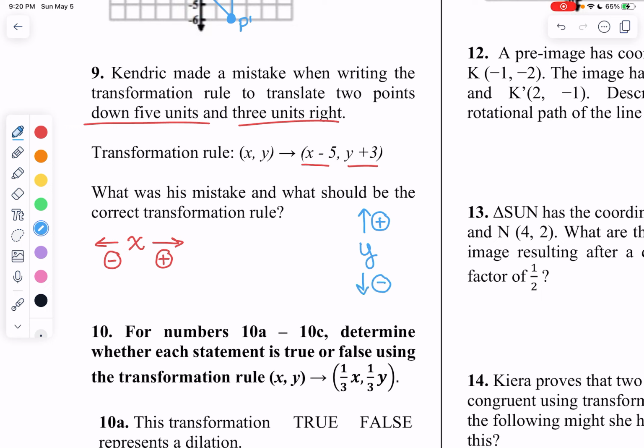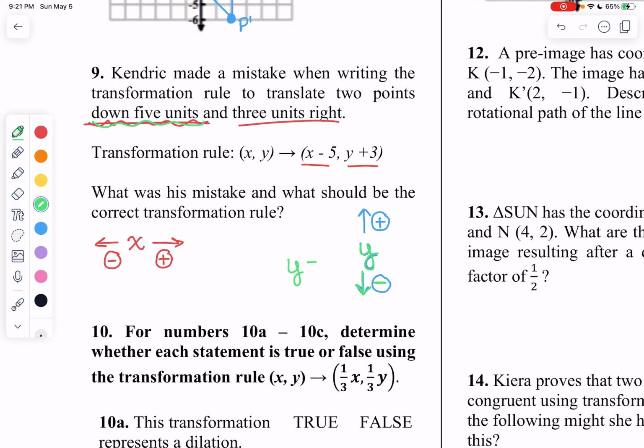Okay, so if I wanted to move, the first one says down 5 units, down is going to be subtracting from my y, okay? So y -5 would move me down 5 units. Then the second one says, and oh my gosh, my colors are not making sense, people. That was down 5 units.